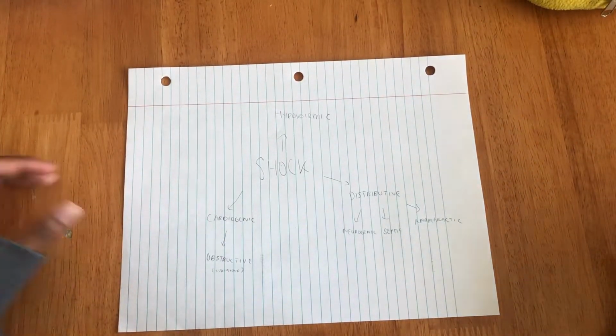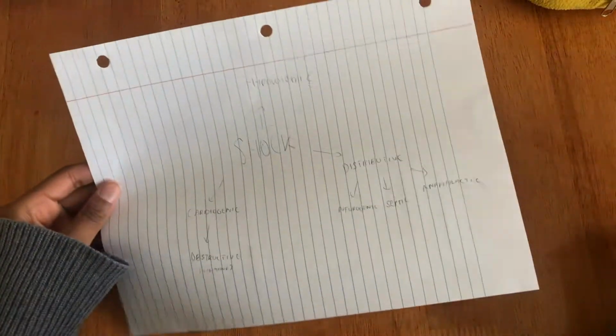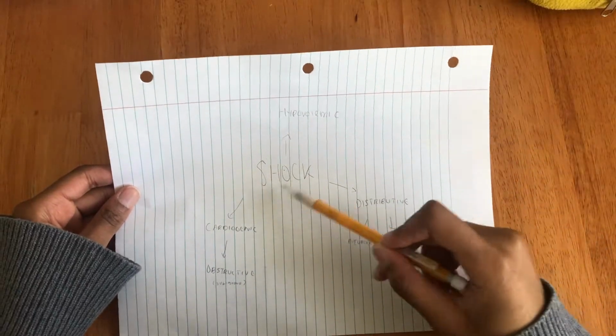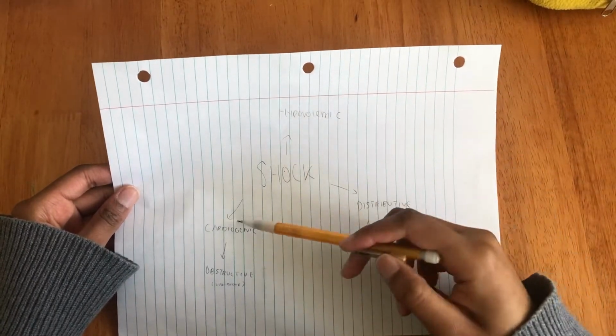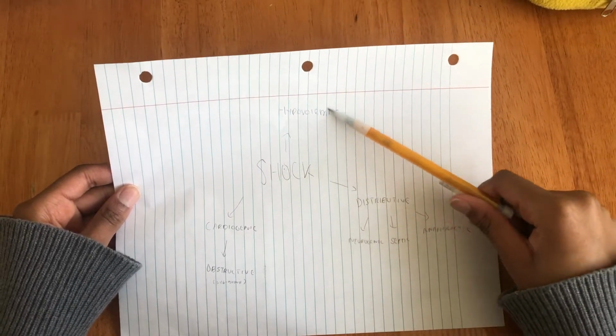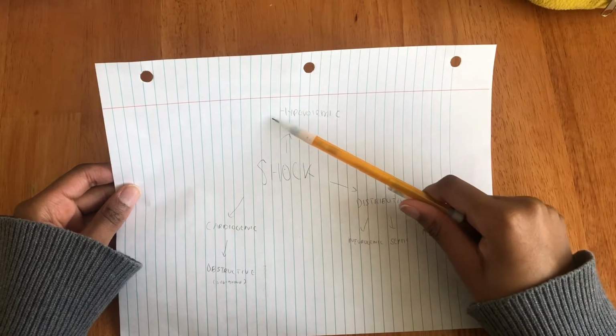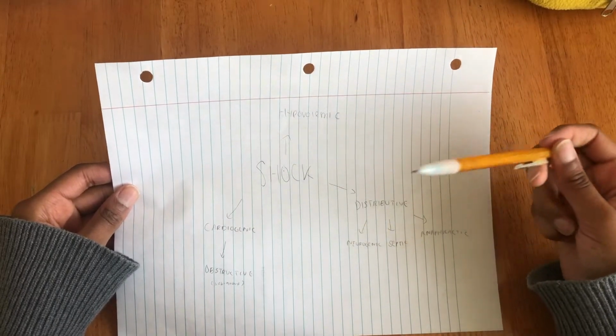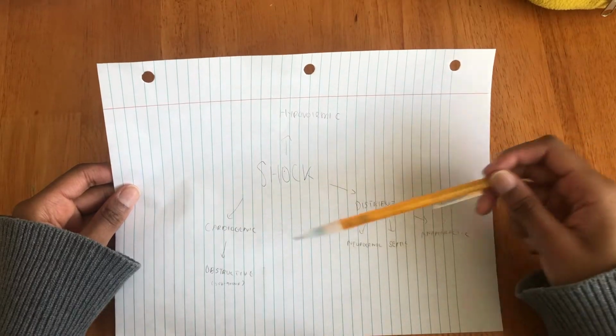So this is a rough copy of how I want to do the flow sheet, because the concept is shock, and then there are different types of shock. So I'm basically just gonna do the type, and then I'm gonna describe it, and then the symptomology, and then the treatment, and I'm going to do that for each one.